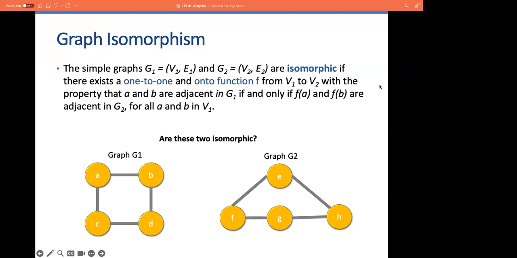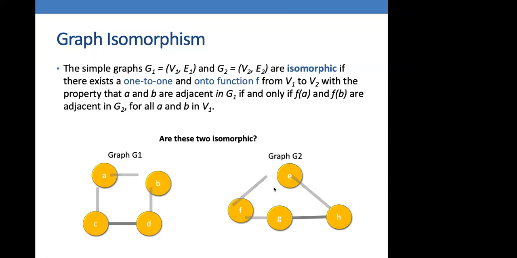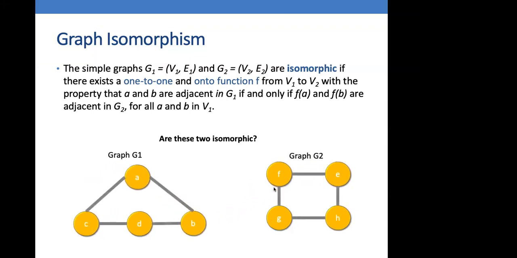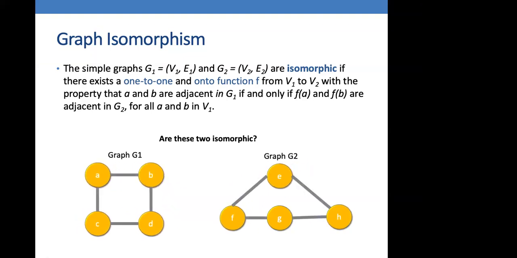So basically, the definition sounds a little bit complicated, but it basically means that the two graphs have the same structure. Okay, so if we try to morph G1 to G2 and G2 to G1, we can see that they are basically the same. Going back here and then going back here.